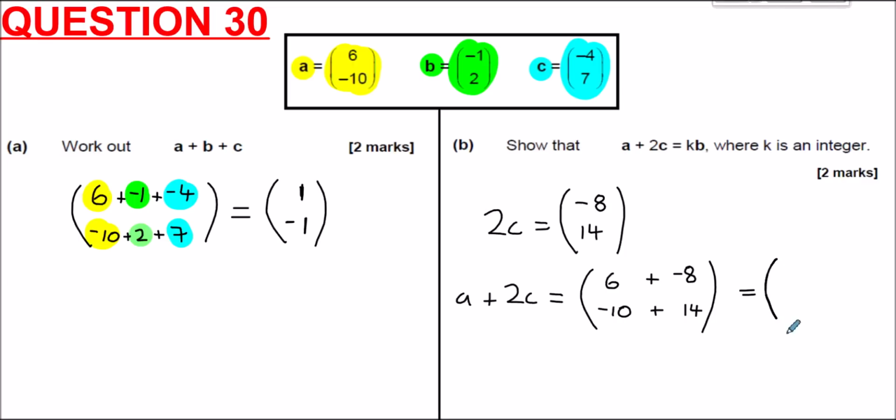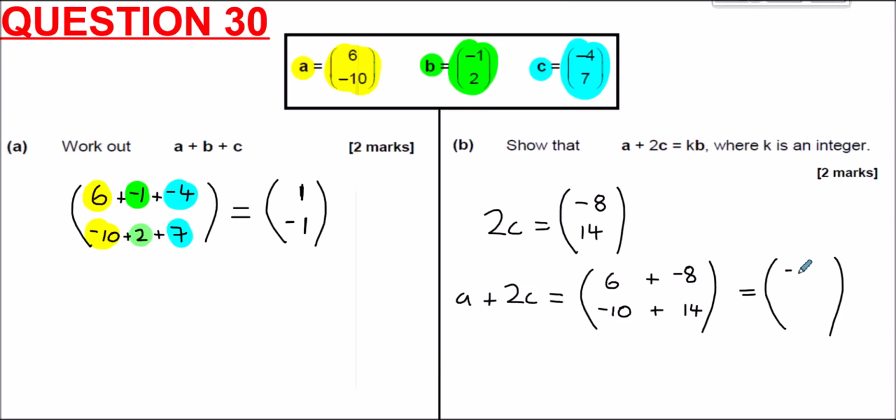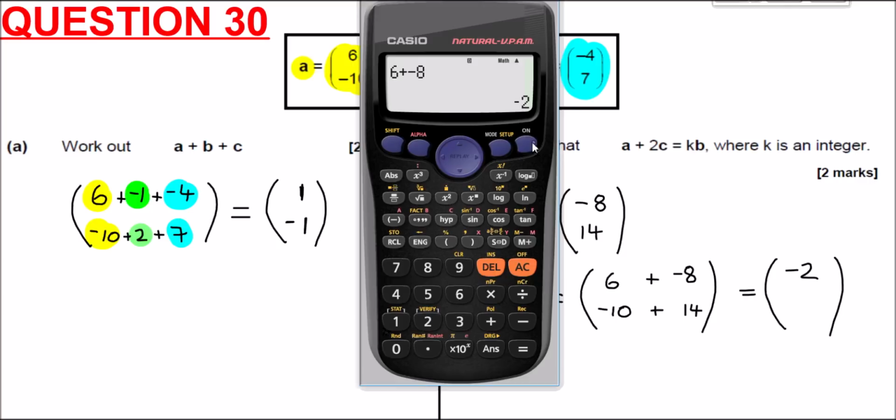So if we do these calculations again with a calculator, 6 plus minus 8 is minus 2. And the bottom one, minus 10 plus 14 gives us 4.